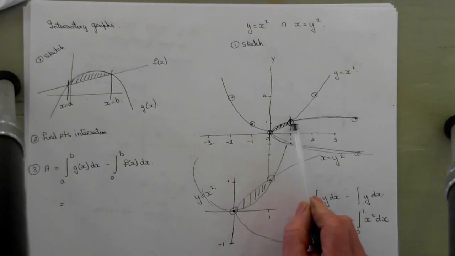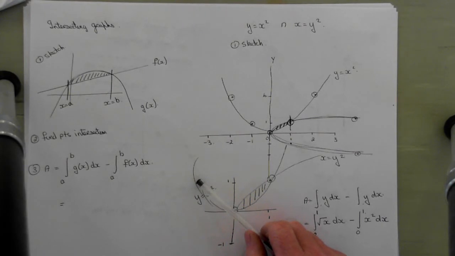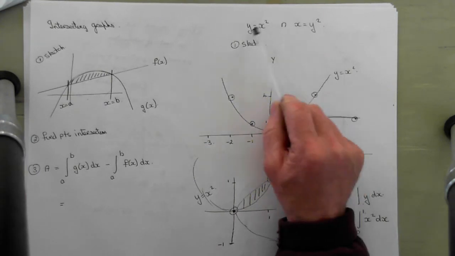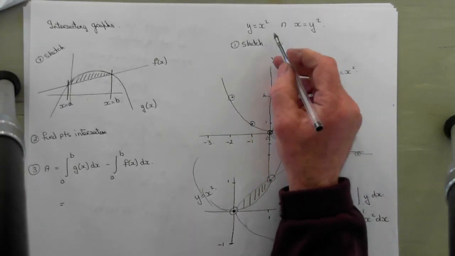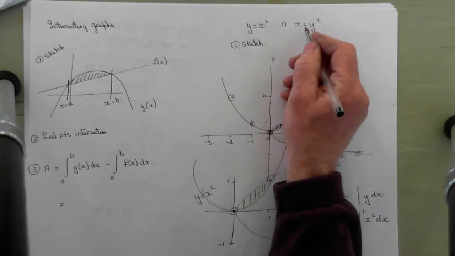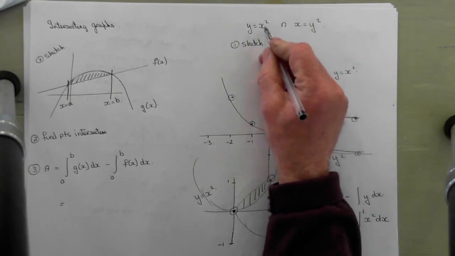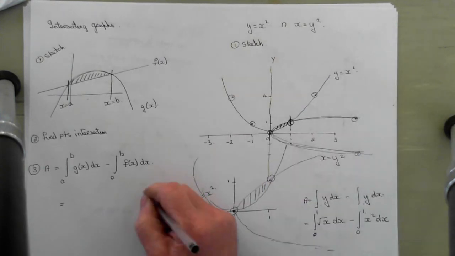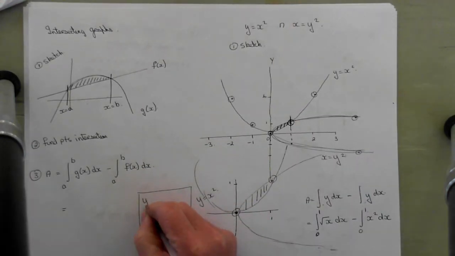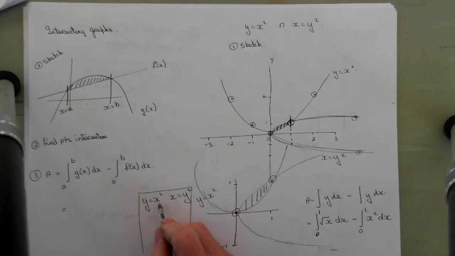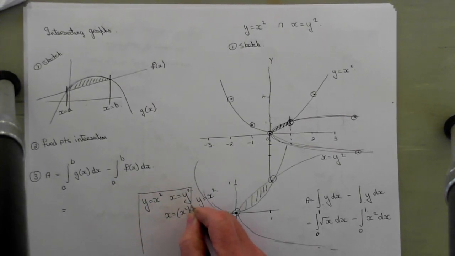Could you have found that point of intersection algebraically? You could. Y equal to x squared and x equal to y squared. So instead of y, what could you have called it? It doesn't matter which one you sub into. Y becomes x squared, so x is equal to x squared squared.